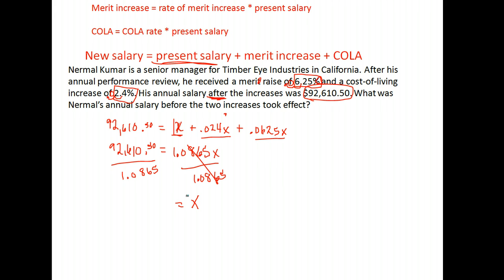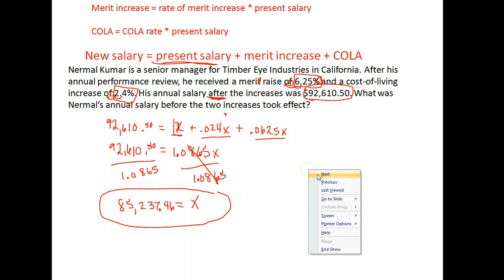And we'll have our answer. And we get $85,237.46. So his original salary, his present salary, was $85,000. He got those raises and it raised him up to $92,000.